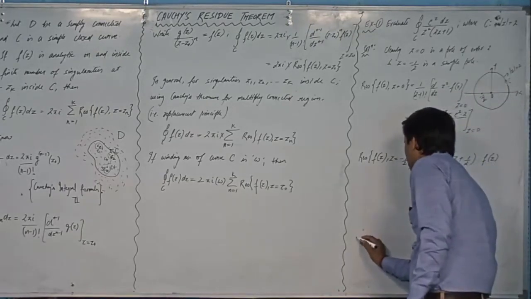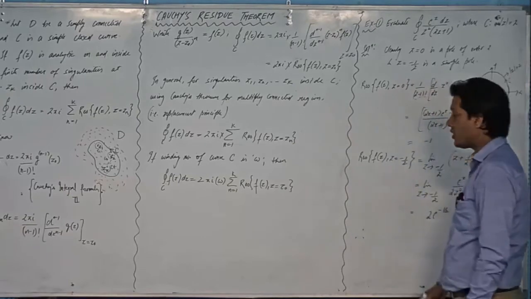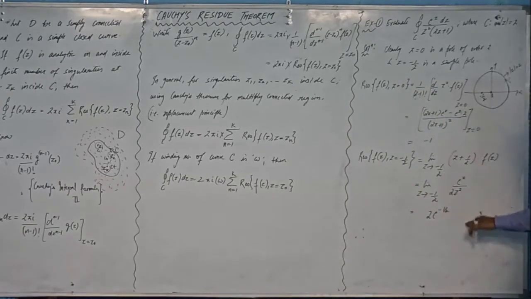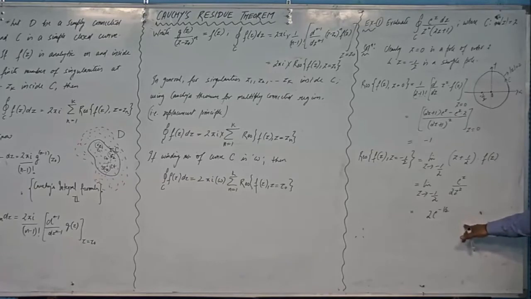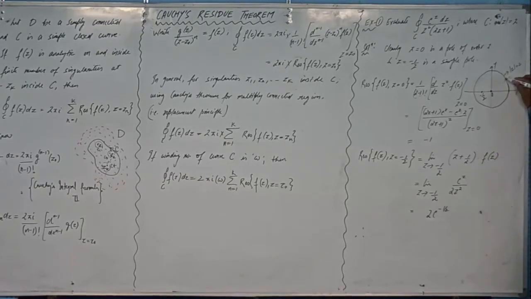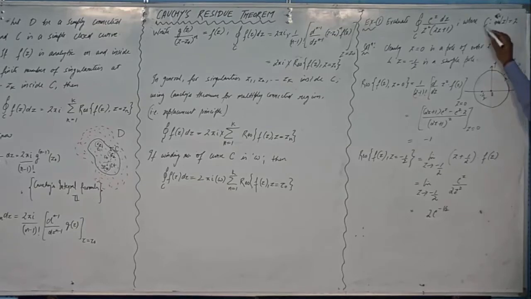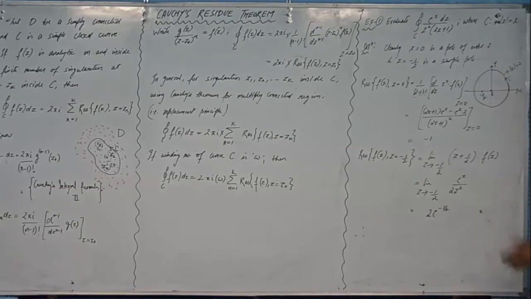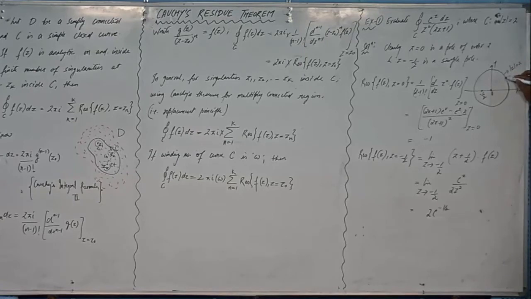Therefore, using Cauchy's residue theorem, now I have 2 residues, I will sum them and then multiply by 2 pi i. The orientation is taken as anti-clockwise; however it is not stated, whenever it is not stated, you should take the orientation in the anti-clockwise direction. That is conventional.